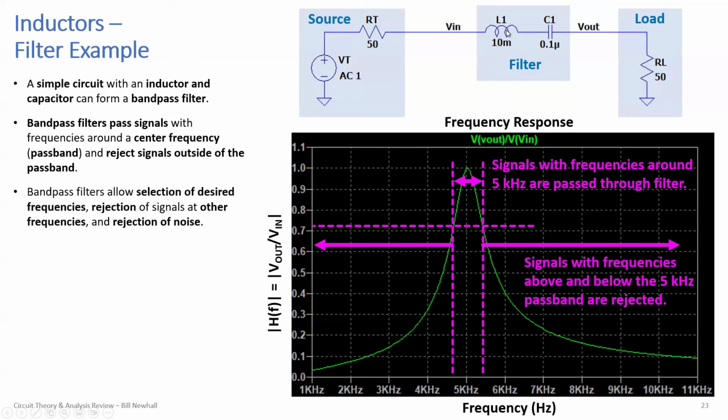This inductance and this capacitance, at some frequency, you're going to have a positive reactance, or a positive imaginary impedance, and the capacitor gives you a negative imaginary impedance. And at some frequency, those impedances cancel out, right?